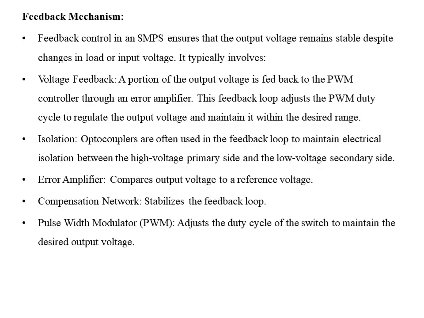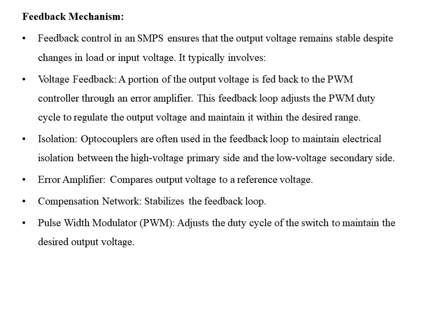This feedback loop adjusts the pulse width modulation duty cycle to regulate the output voltage and maintain it within the desired range. Isolation optocouplers are often used in the feedback loop to maintain electrical isolation between the high voltage primary side and the low voltage secondary side.